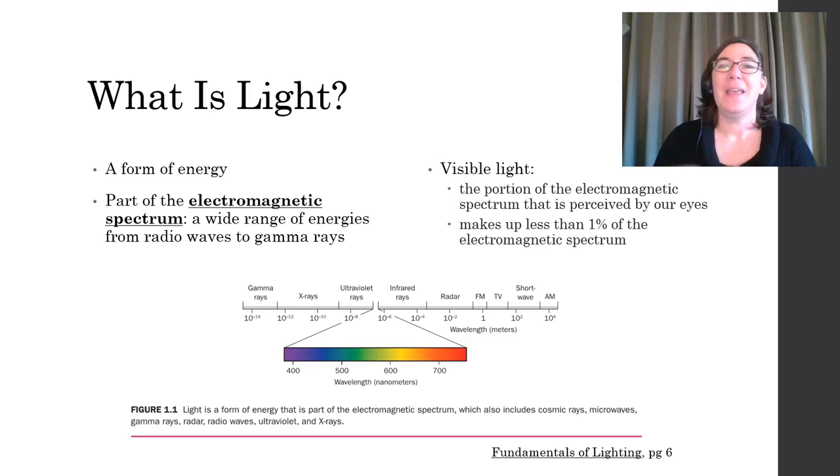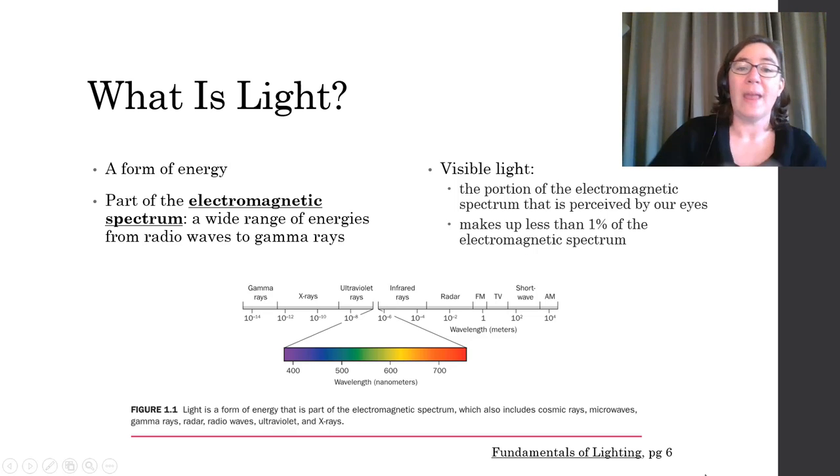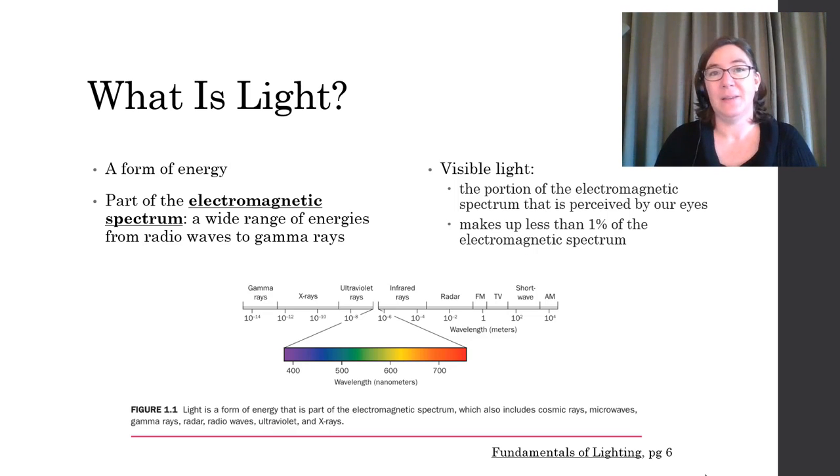Visible light then is a small proportion of that electromagnetic spectrum, and it is that portion that our eyes can see, makes up less than 1%. So here is an illustration from your textbook showing the wavelengths of visible light.